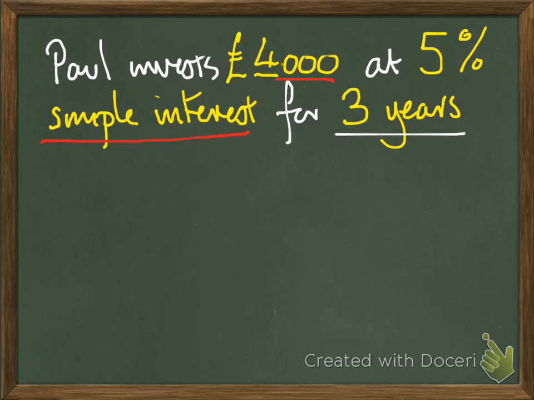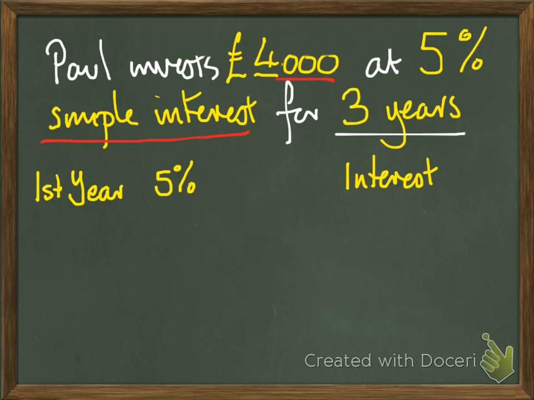So here we go. Paul invests £4,000 at 5% simple interest for 3 years. So this is what we do. If we're going to use our calculator, we know that at the end of the first year, I'll have made 5% interest. Now you can either work out, using your calculator, 5% of £4,000, which means you will have calculated just the interest, and that would equate to £200.